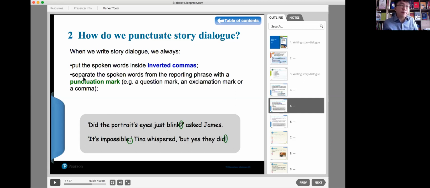And how do we separate the spoken words from the reporting phrase? We separate them with a punctuation mark, and it could be a question mark, an exclamation mark, or a comma.